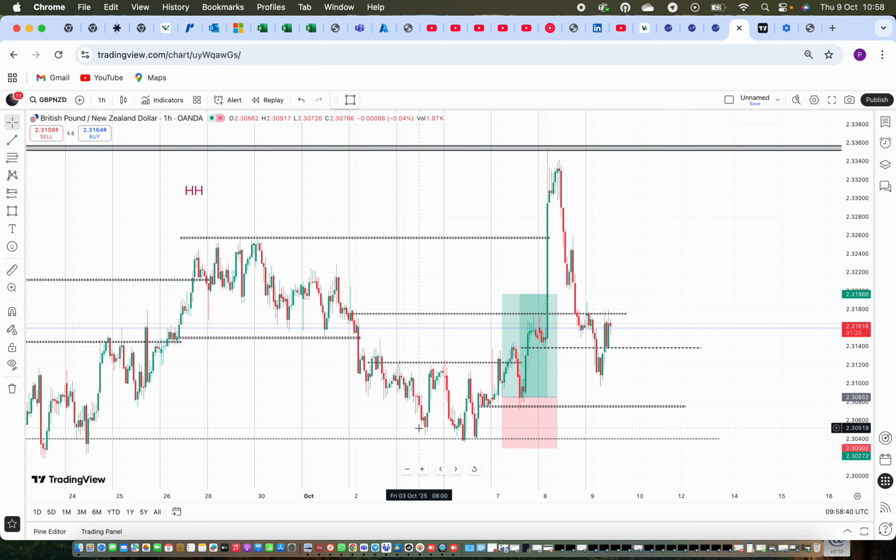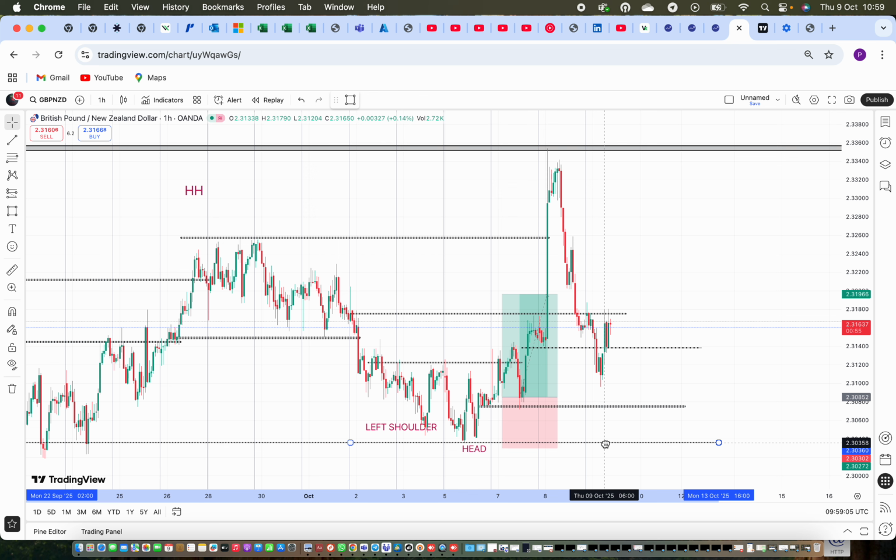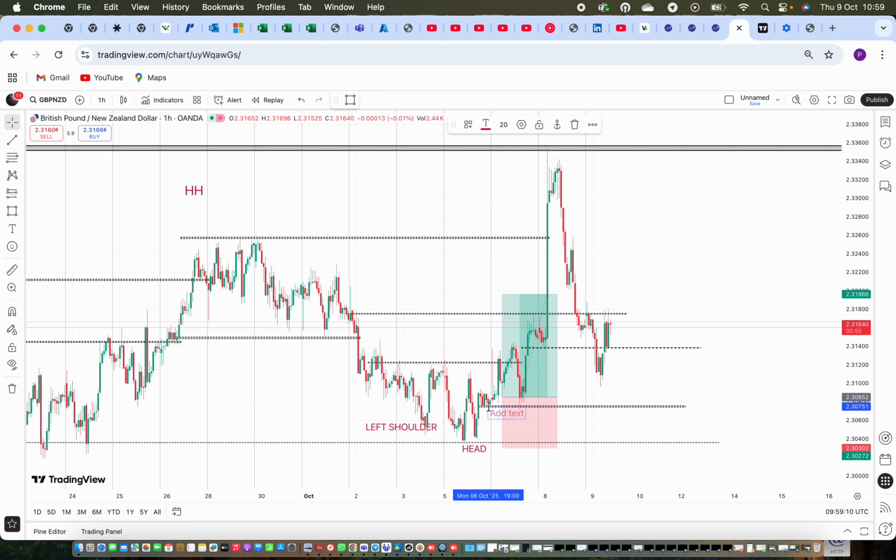Price created the left shoulder here, and we have the head, which is this level, which was our lowest point, and we have the right shoulder just at this level.